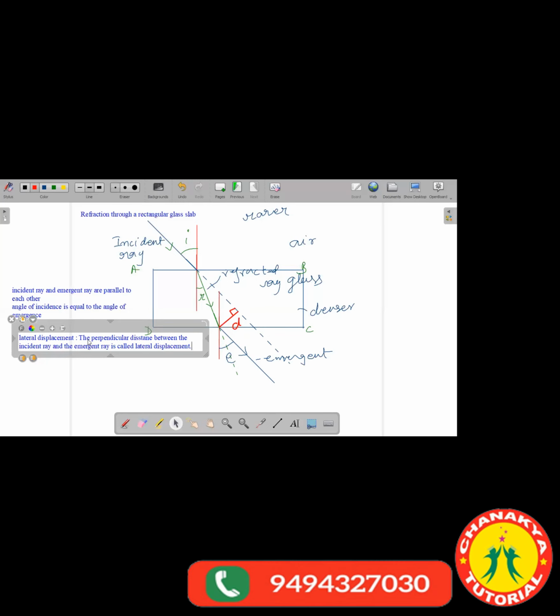That is, the emergent ray and the incident ray are parallel to each other with some distance between them. And this lateral displacement depends on the thickness of the glass slab, and on the refractive index of the glass slab.